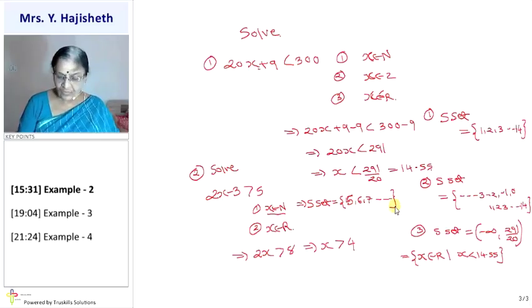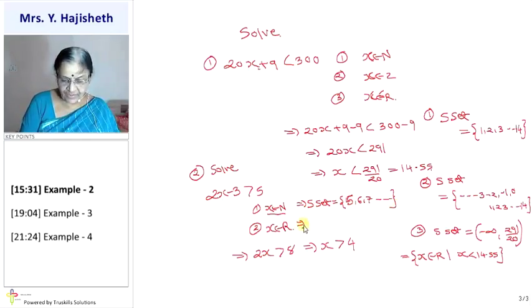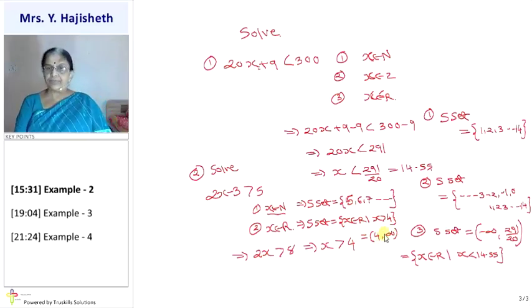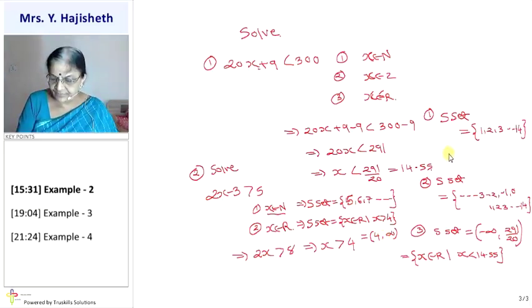Now if x belongs to R, then the solution set is the set of all x belongs to R such that x is greater than 4, or you can write it as the open interval 4 to infinity. Clear? Are you clear how to find the solution set of a linear inequality in one variable? Suppose I want to represent this on a number line.